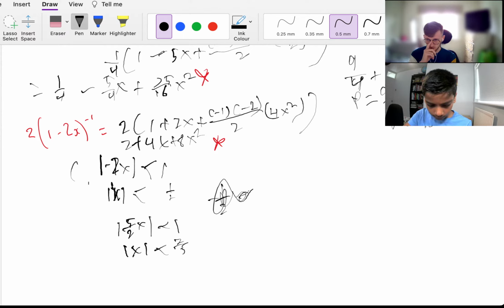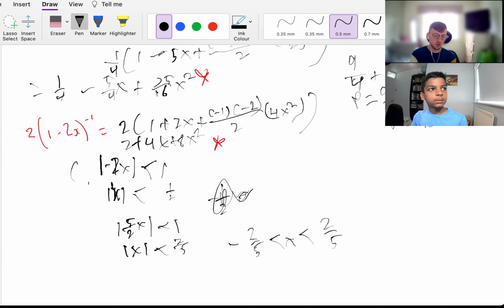So 2/5 is the stricter one, so minus 2/5 is less than x less than 2/5. Brilliant. You look for the strictest one because the modulus of x has to be less than a half and less than 2/5. But because 2/5 is less than a half, anything less than 2/5 is less than a half anyway. So we take that one.